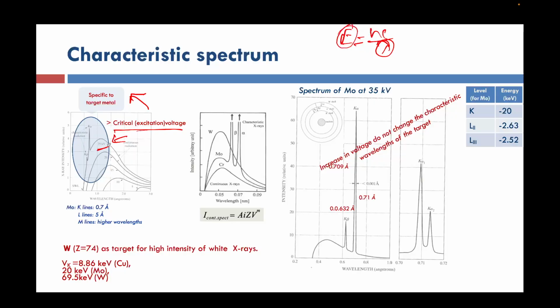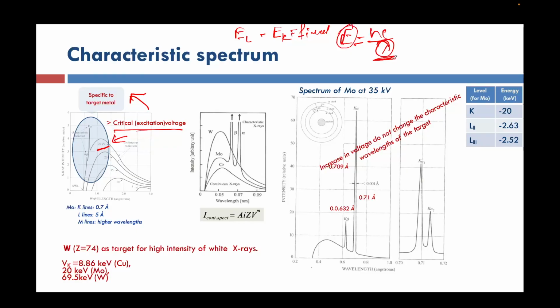What happens if I increase the potential beyond 25 kilovolt? Since the energy difference between the L shell and K shell is a fixed term, my lambda will also be fixed. Even if I increase the voltage, the maximum intensity only goes towards the left side. Why?